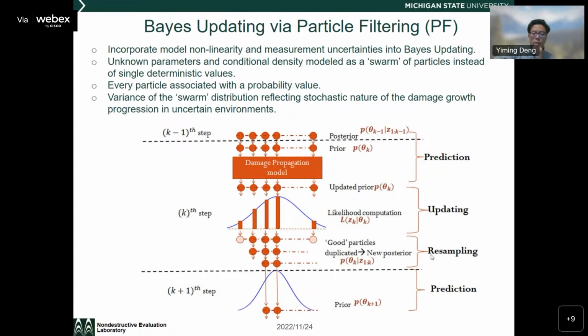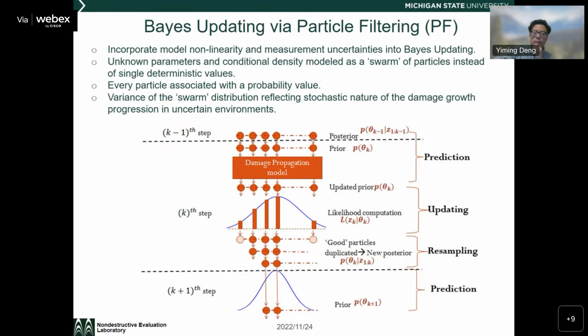One method to do the Bayesian updating is the particle filtering, and you'll see we are actually using Monte Carlo simulation here to generate or to populate the probability when we are doing the updating, resampling based on the likelihood probability there.